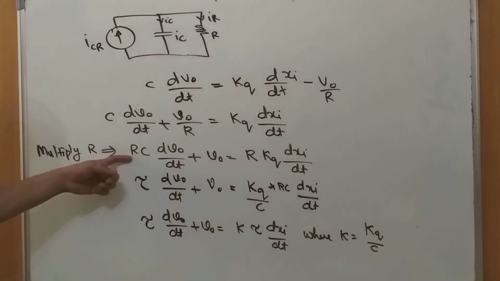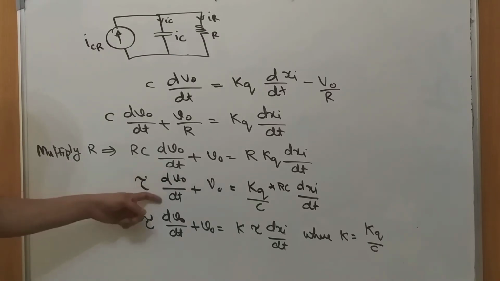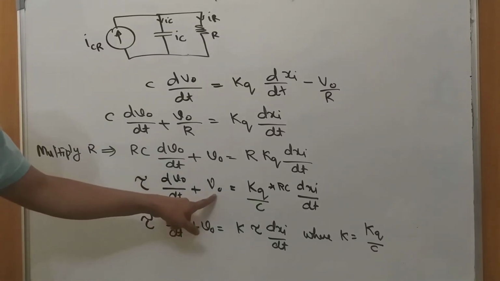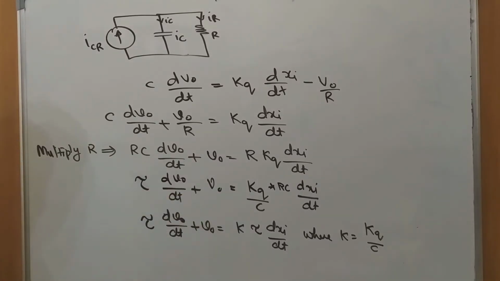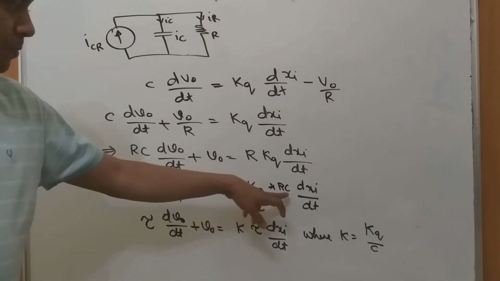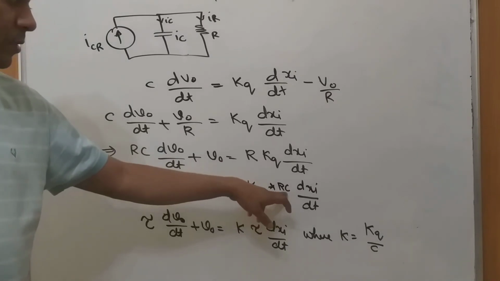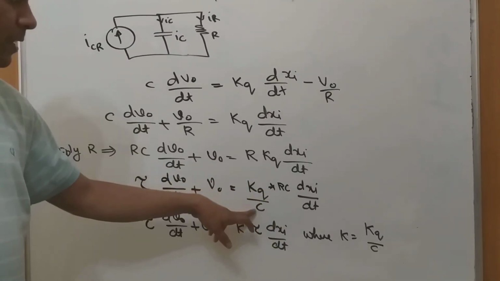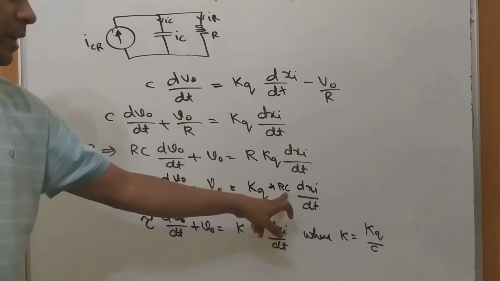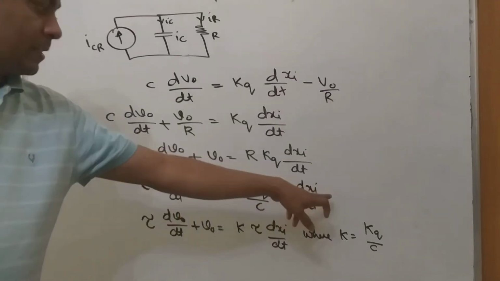If you replace RC by tau, we get tau into dV0 by dt plus V0 is equal to, in order to balance it, you have to divide by C, so this RC is again tau, tau dxi divided by dt.